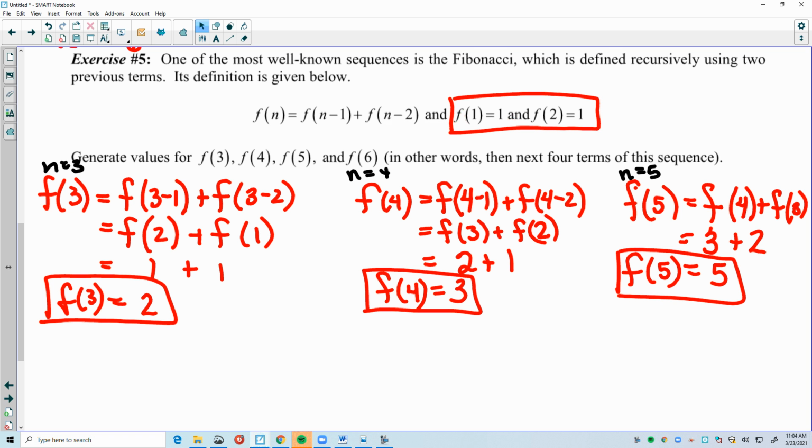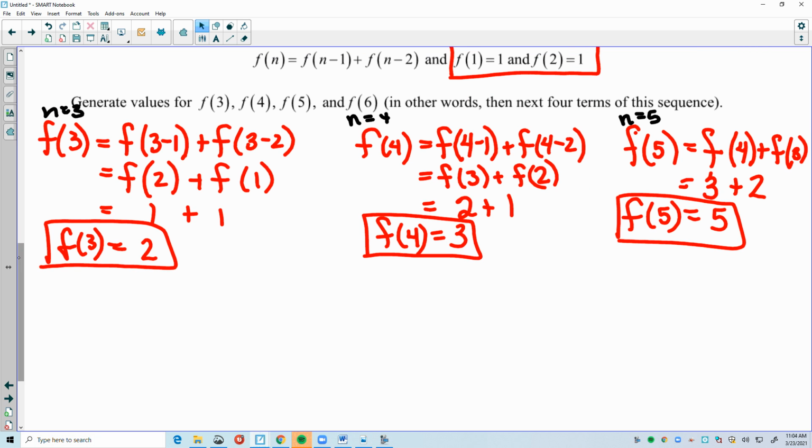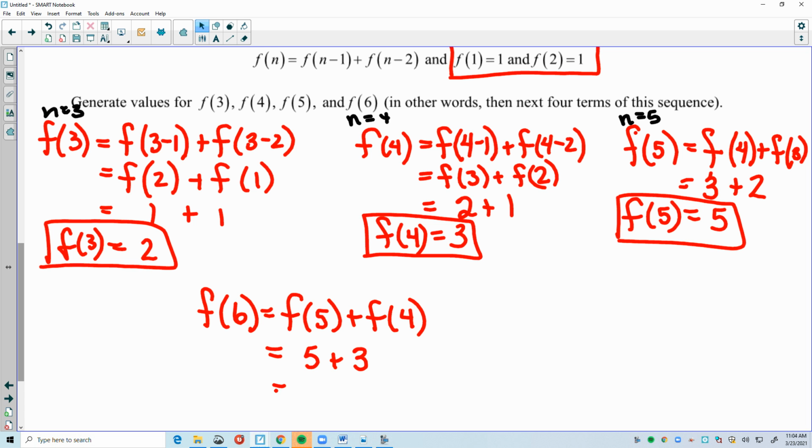Okay, so trying to take maybe a shortcut, now that we're finding that pattern for f of 6, thinking to myself, to find the 6th term, I know I'm going to need the 2 previous. I need to add together the 5th and the 4th. So my 5th term is 5, my 4th term is 3. Adding that together, that means my 6th term of the sequence is going to be 8.